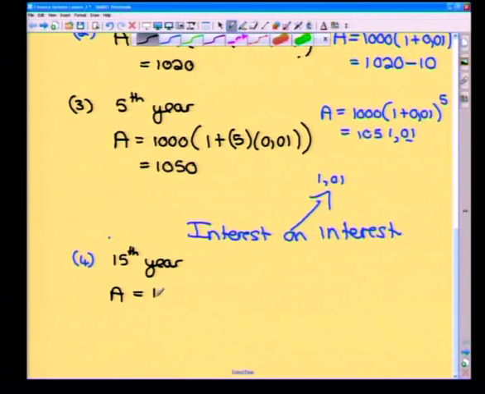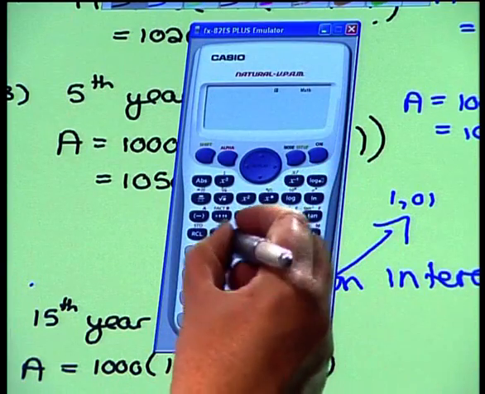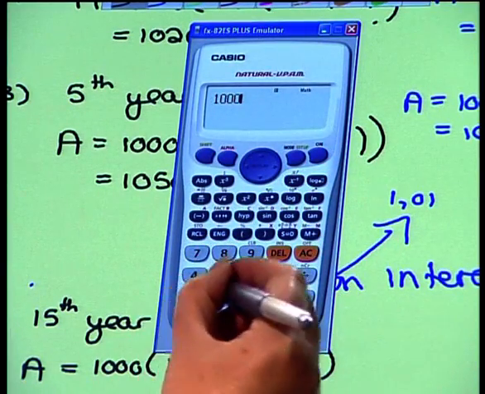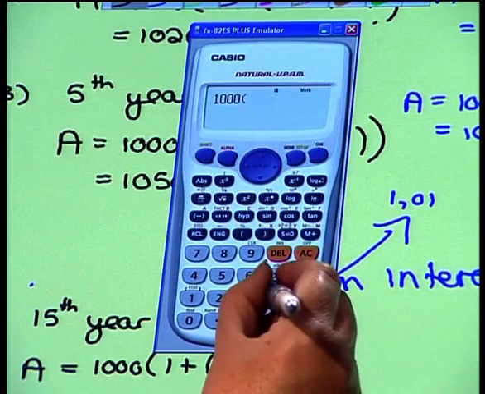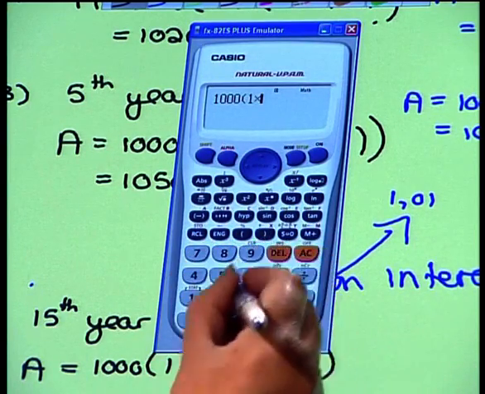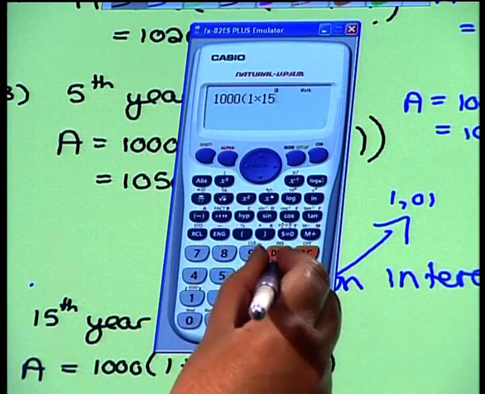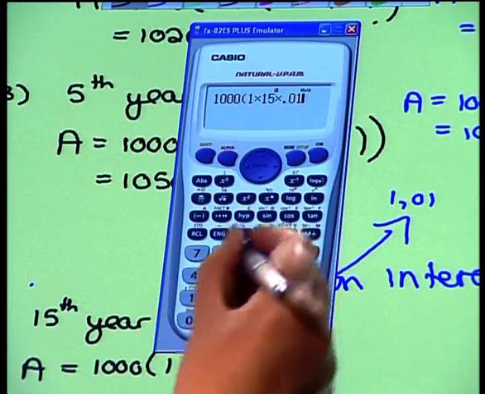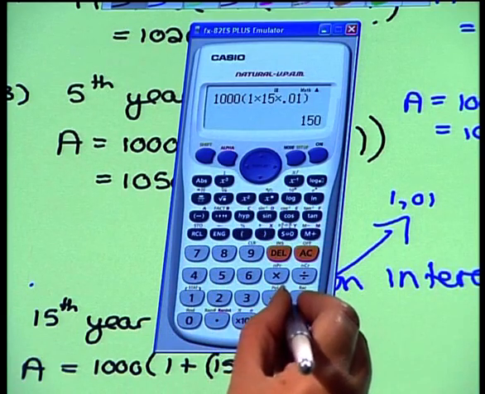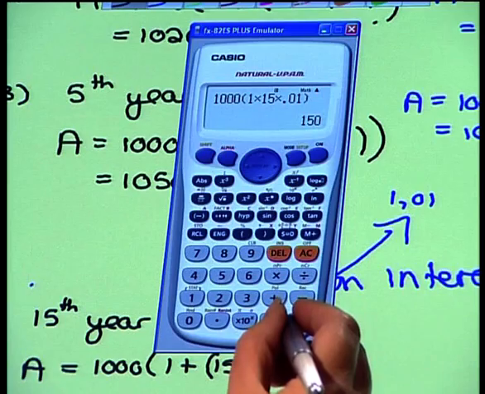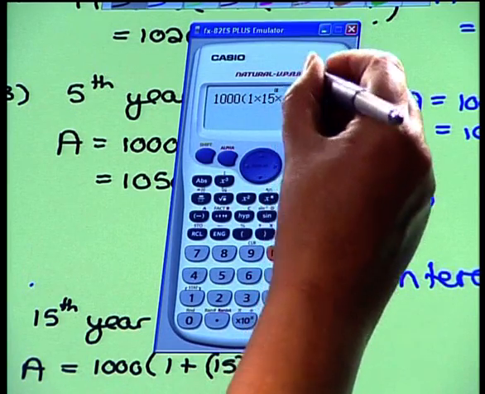So the accumulated is 1,000, 1 plus 15, because that's the number of calculations, 0.01 being the interest. And let's pull the calculator up and see what we get. So we've got 1,000, open the brackets, 1 plus 15 times 0.01, close the brackets, equals, oh dear, I think I have just pressed something wrong, so let's just go back up here.